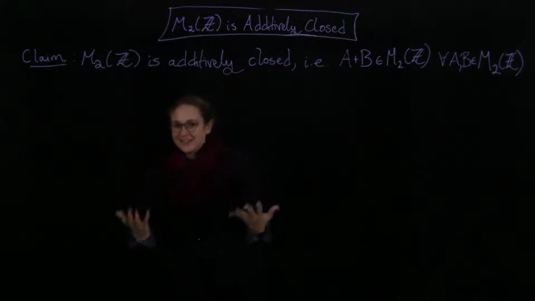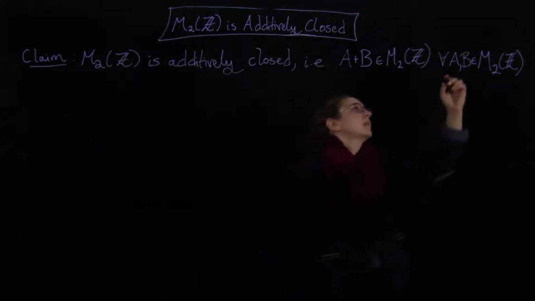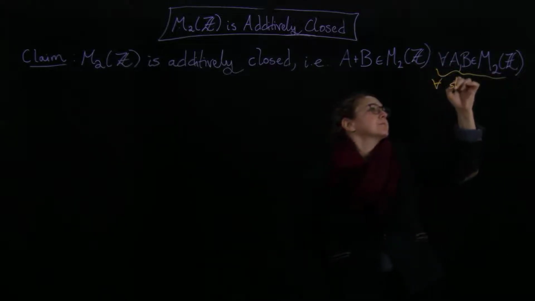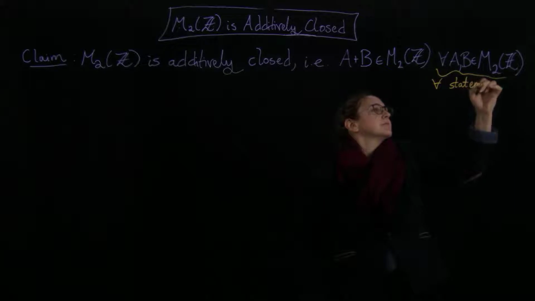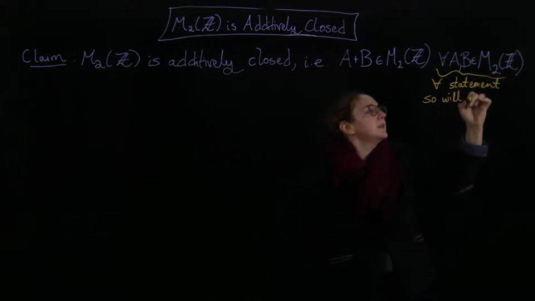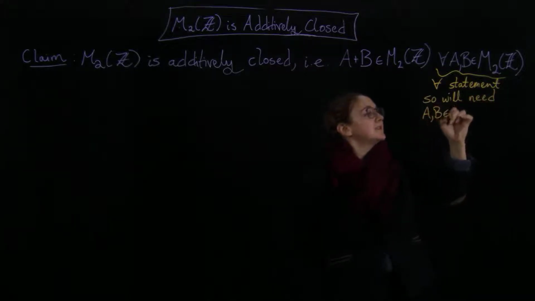So kind of breaking it down, looking at this, it is a for all statement. So we'll need that A and B in M2Z are arbitrary.